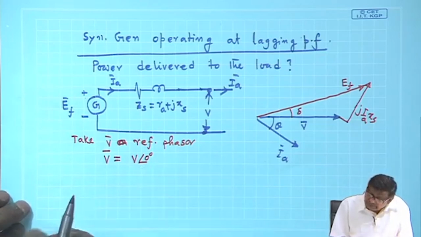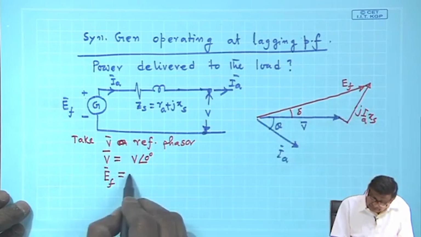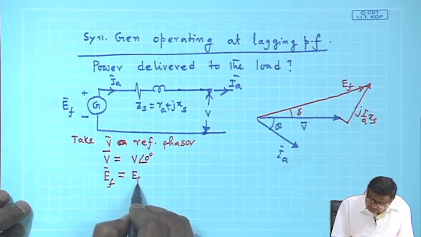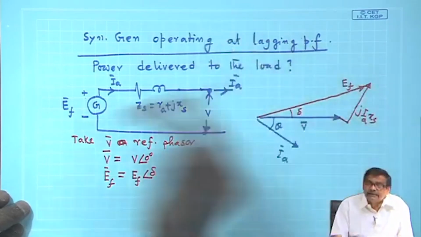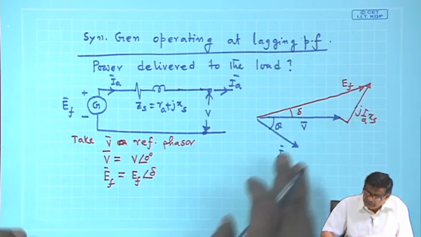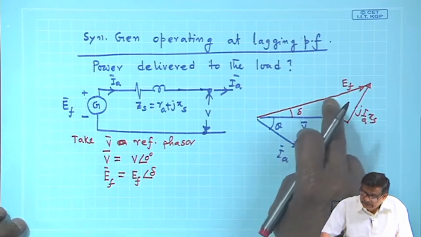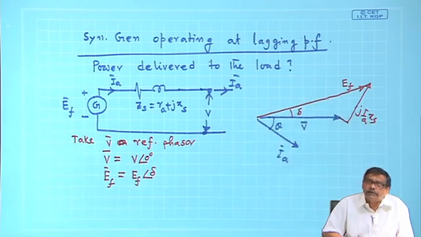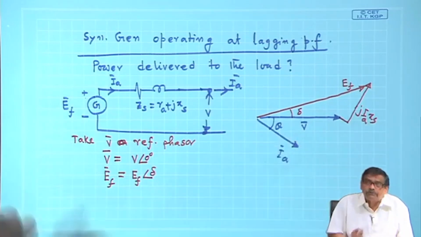If this is the case, then you can easily see E f, this phasor, will be nothing but its magnitude, and with angle delta it is leading V. In case of synchronous generator operation, you will always find this excitation voltage or no load voltage will be above V, and delta will be positive.